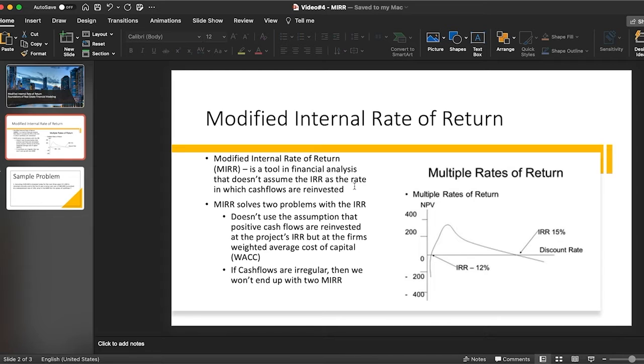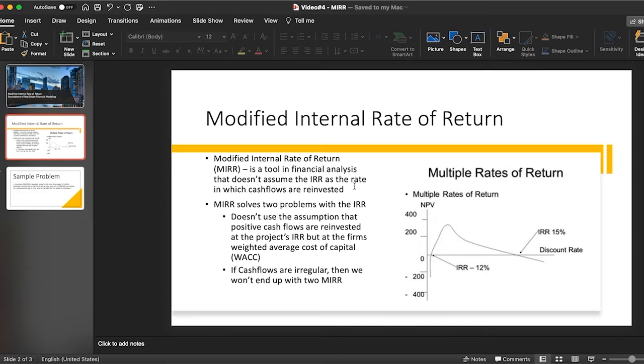What that basically means is that if you have a project that has an internal rate of return of 15%, then you can reinvest the cash flows generated by that project into that project at 15%.